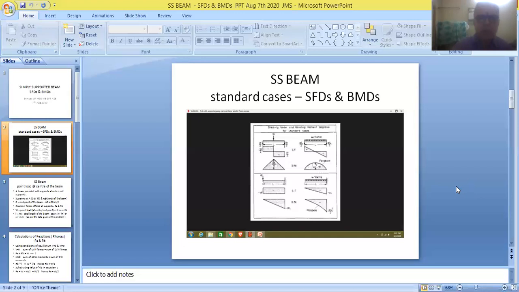Now back to the first case. As I've already told you, a point load is acting at the center of the beam.